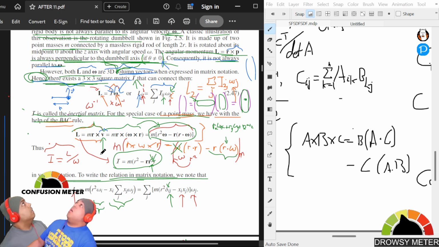To get from L to I, we need to divide by omega.